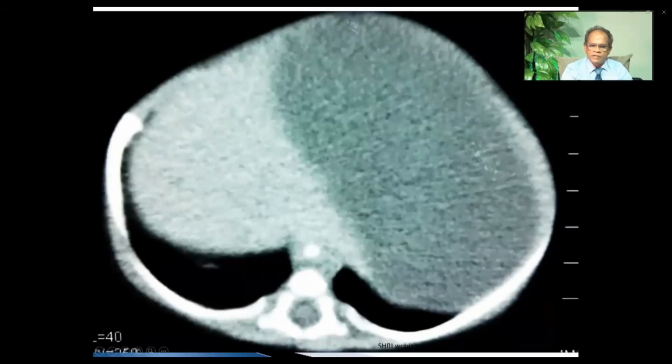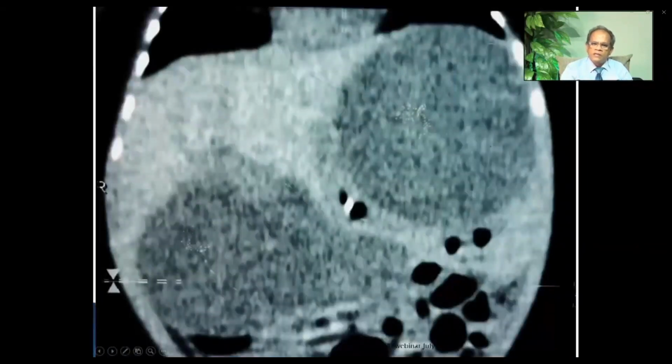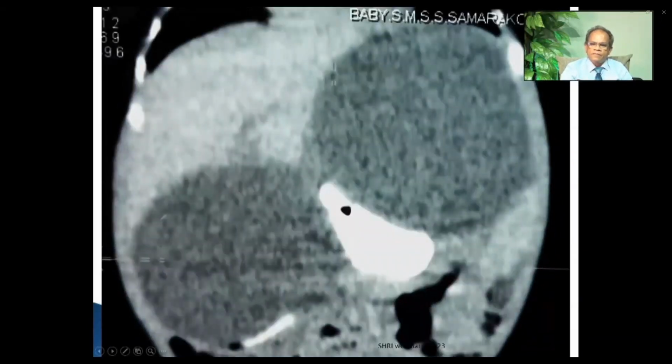So this is one of the patients that we got. A massive cyst. The majority of the abdominal cavity was occupied by these choledochal cysts, one on each side of the abdomen. And here is another, the CT scan showing the same picture. This child had an excision of the choledochal cyst attempted by another unit.